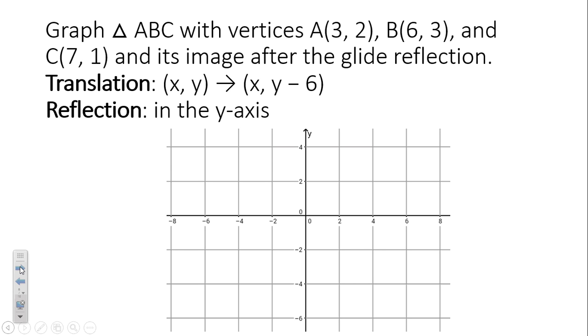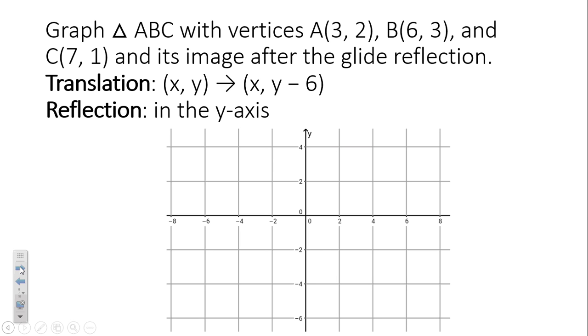Graph A, B, and C. A is the point 3, 2. B is the point 6, 3. And C is the point 7, 1. Right down here. So graph A, B, and C down here.